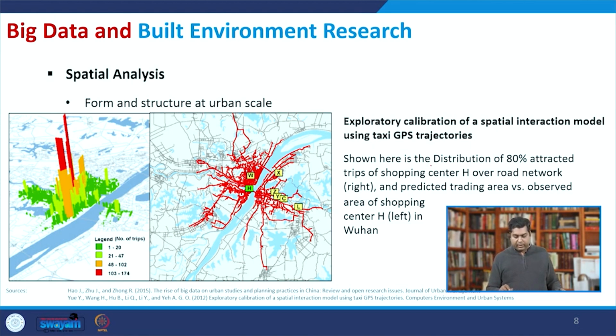It shows the distribution of 80% of attracted trips of shopping center H over the road network, and the predicted versus observed trading area of shopping center H. So you can see that for this particular place H, the trips are attracted, at the urban scale, and this can also be done through mobile data, or through shopping mall check-in data.